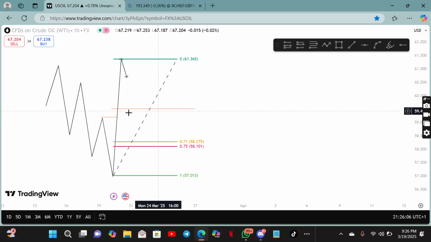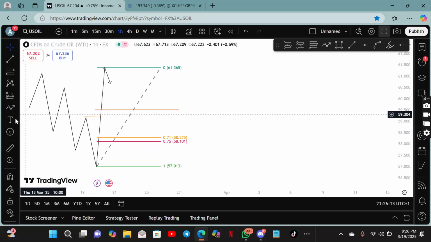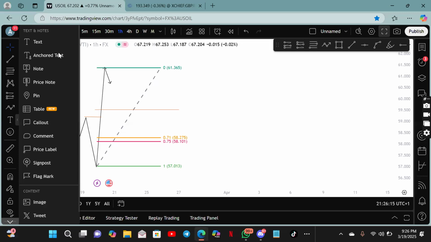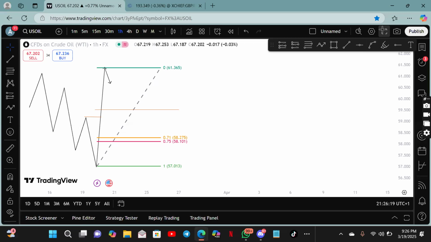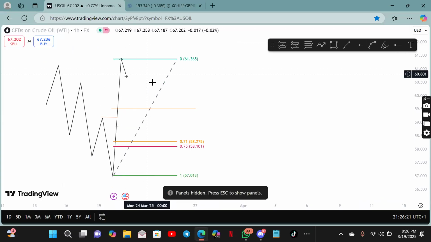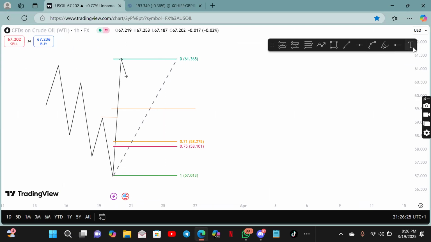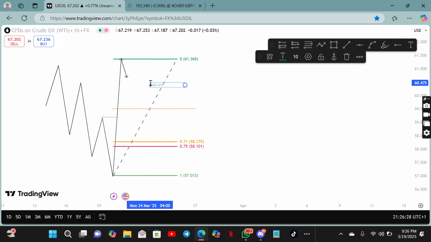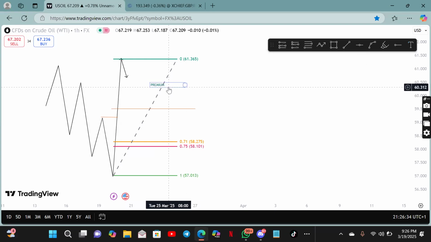So the 50% now, inside this particular zone, this place here is a premium zone. So we call this place a premium zone. What you look for in a premium zone, this is the place you'll be looking for only sell.